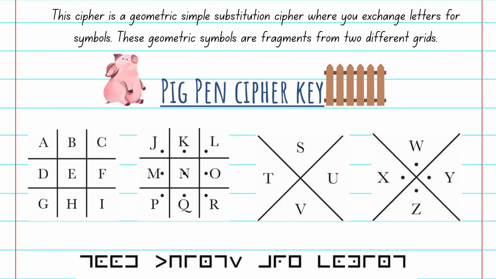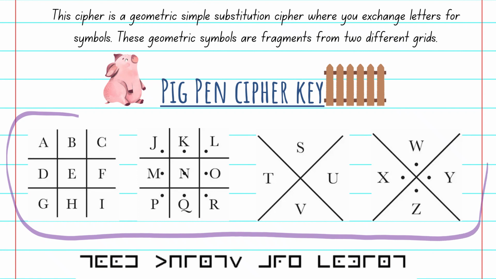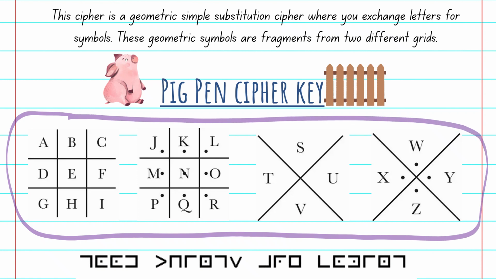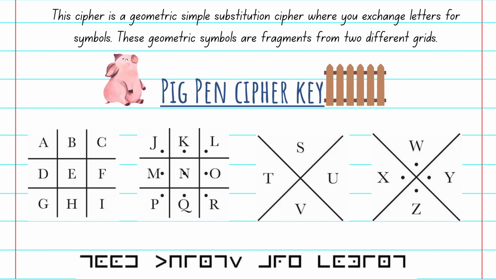Now, this here above is going to be the key that is needed to be able to decode a Pen cipher. This cipher, the Pen cipher, is a geometric simple substitution cipher where you exchange letters for symbols.